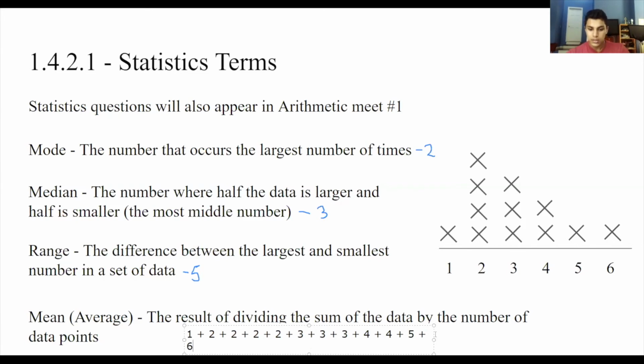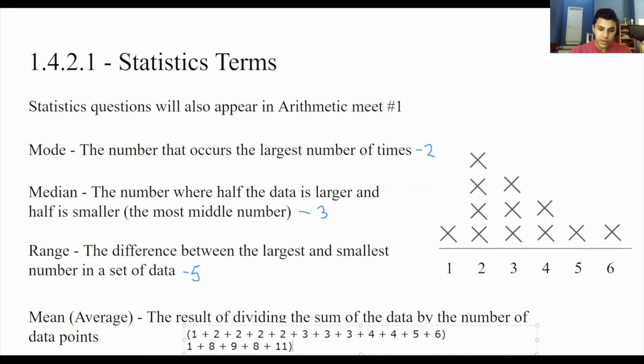Okay. So I have to add all of these numbers. Let me put that in parentheses because you have to do this first. So if I add all these numbers, that simplifies to 1 plus 8, because 2 times 4 is 8, plus 9, plus 8, plus 11. I'm just adding different numbers in the parentheses.